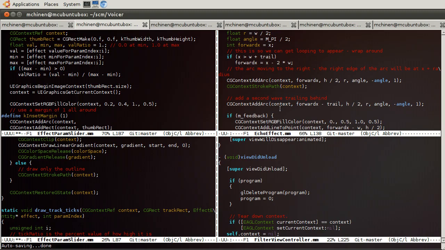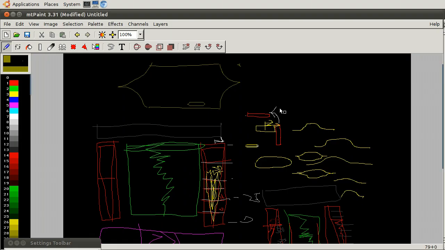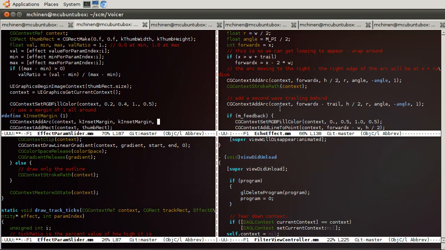Yeah, so center point should be 0 or inset margin and 0. No, inset margin. I have a bad feeling that these margins are going to destroy my life. We'll see. The next parameter is the radius.